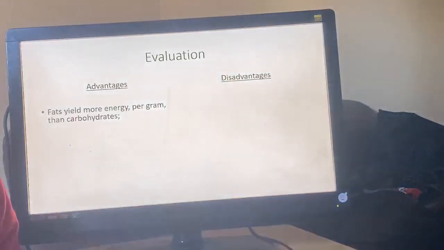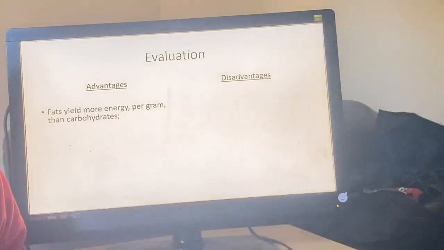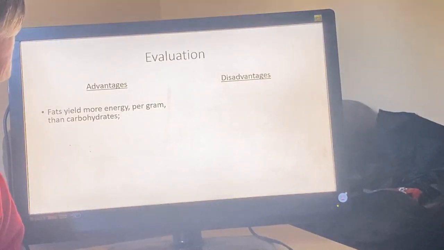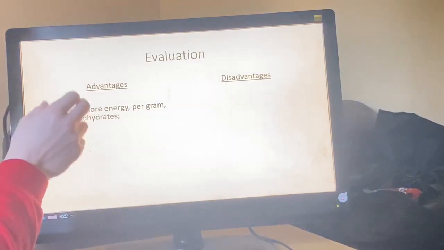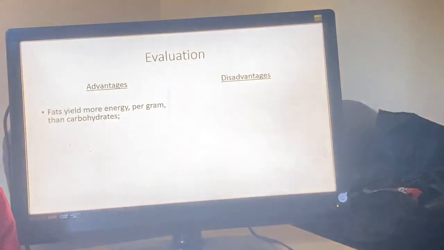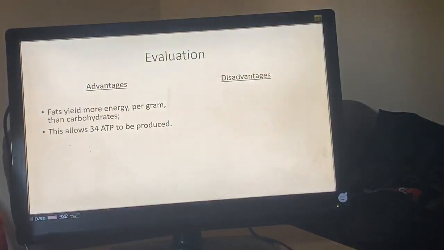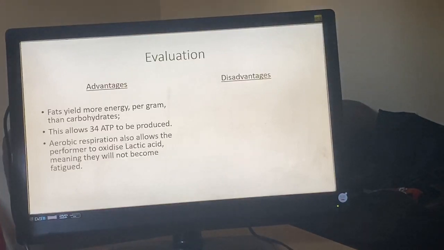So per gram of fat, let's say we got 34 ATP back. Well, I only got 2 ATP back from breaking down glycogen into glucose into pyruvate. So these fats yield more energy per gram than carbohydrates, and that allows 34 ATP to be produced.